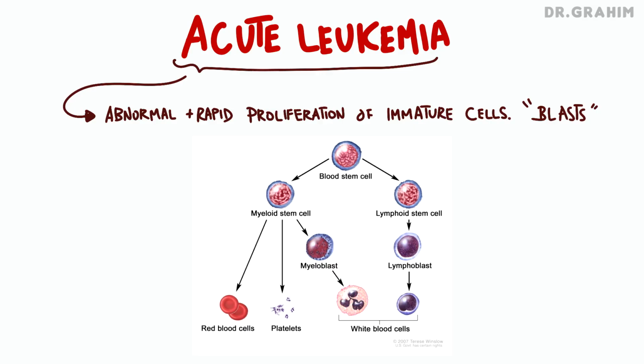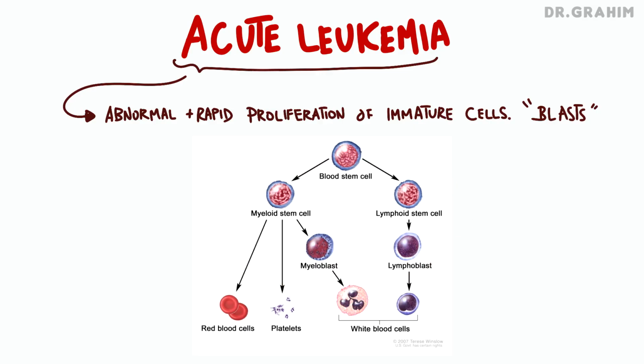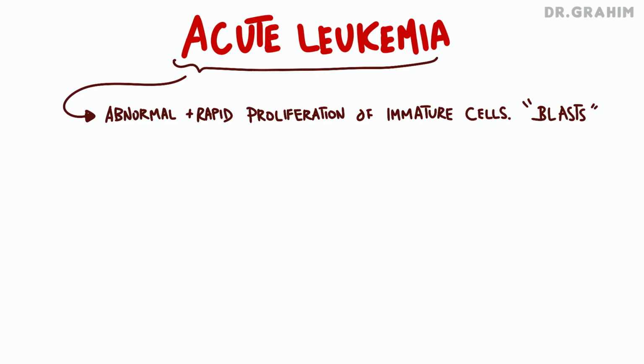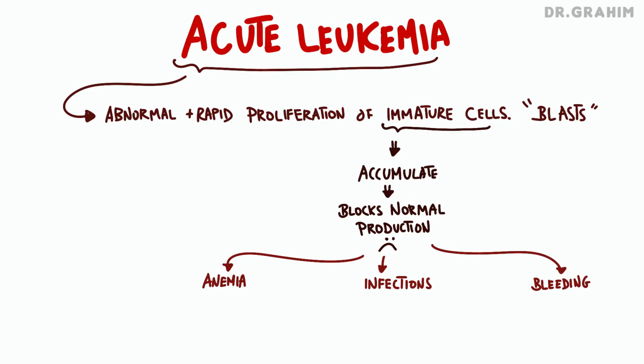But in acute leukemias, this maturation process is blocked very early, preventing the blasts from becoming functional cells. This accumulation of immature cells in the bone marrow blocks the normal production of blood cells, which can lead to anemia, repeated infections, and bleeding. That's why this disease is considered potentially very serious, with often a grim prognosis if not treated quickly.